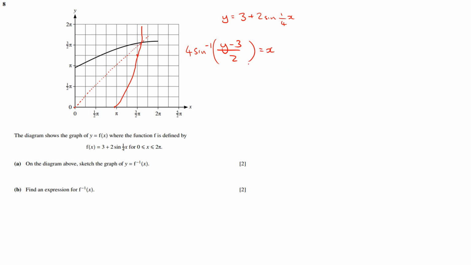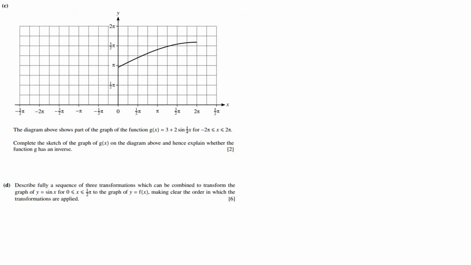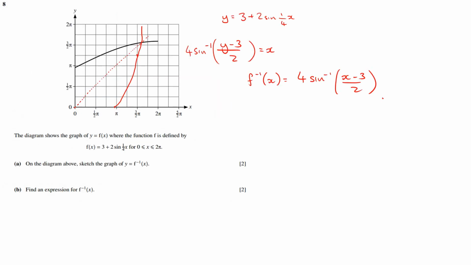So that tells me that the form of this is right. We get inverse f of x would be 4 lots of sine to the -1 of (x subtract 3) all over 2. Not too bad.